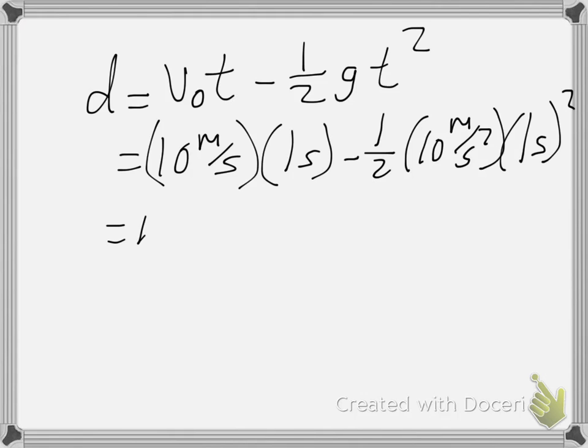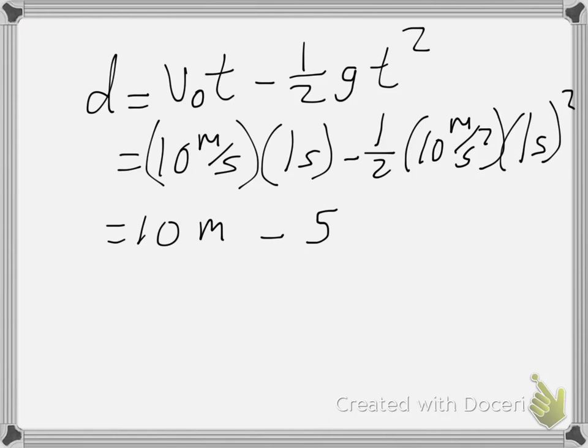So we're going to get 10 meters per second minus, well, 1 squared is 1, times 10 is 10, minus 5 is 5. I've been doing this the whole video. I apologize. This is just 10 meters.